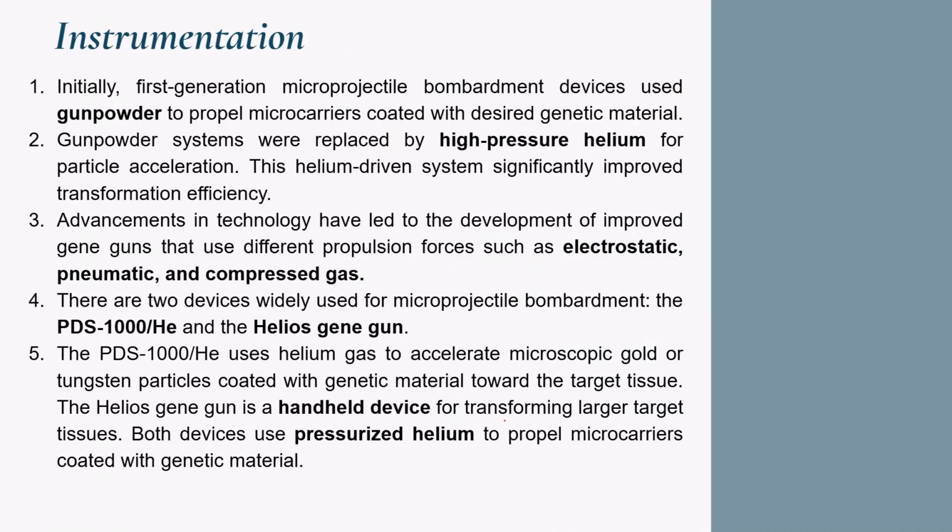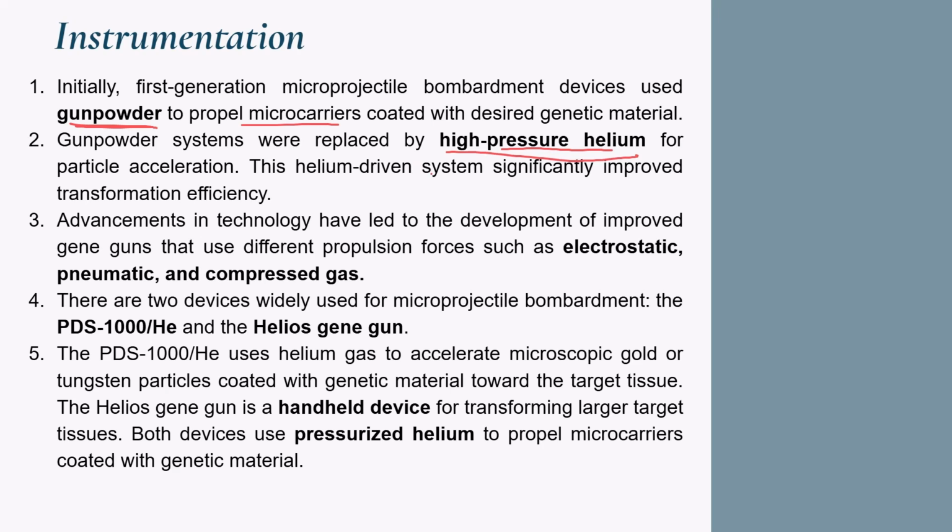When we look into the instrumentation, initially gunpowder was used in place of helium. We just discussed that a helium or electric pulse is given, right? But when it was first developed, gunpowder was used to propel the microcarriers. This gunpowder system was later replaced by high pressure helium systems for particle acceleration.